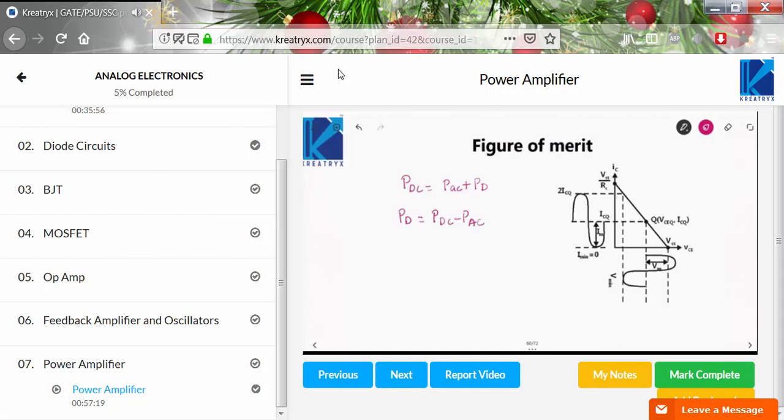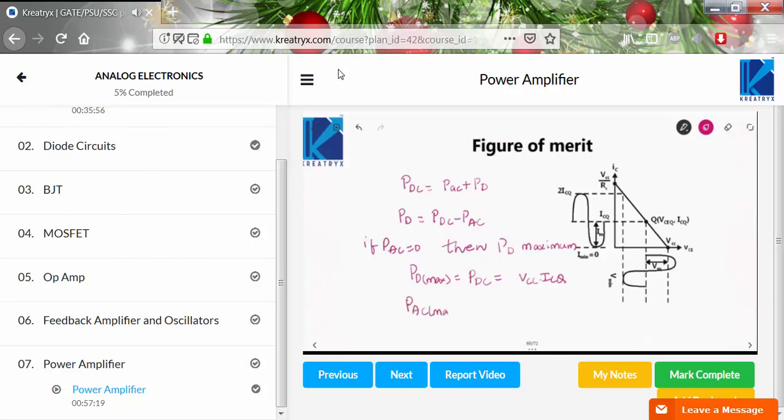So if PAC is 0, then PD becomes maximum. The PD max is equal to PDC, which is equal to VCC into ICQ. Next, what about the PAC max?